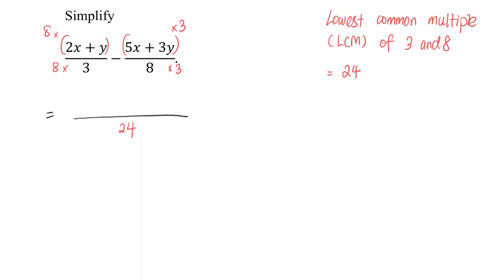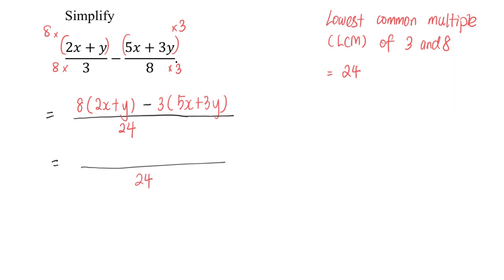Do notice that Mr. Tan at this point did not proceed to simplify things yet. Rather, I actually write down the whole expression on the numerator first, because later on this will still be over 24.